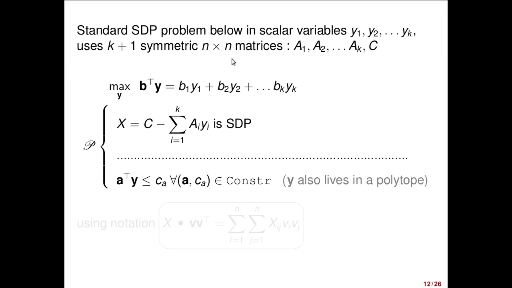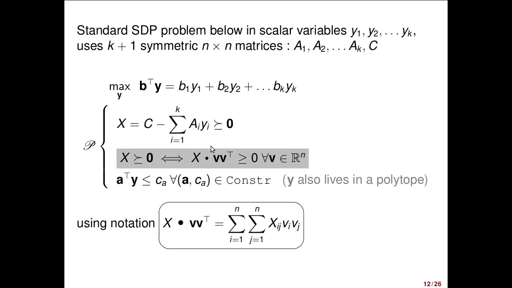Let me now introduce the SDP problem. Let's say I have a k variable y, and I work with these k plus 1 n by n matrices. Let's say I want to maximize this under the constraint that this X is SDP. I have a linear sum of matrices. This constraint is equivalent to this one.